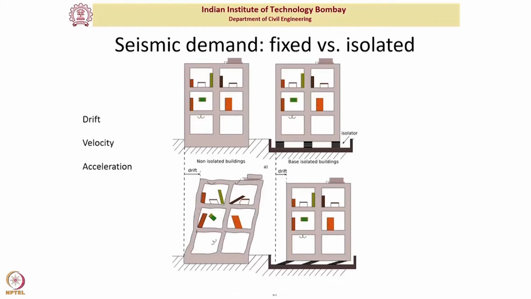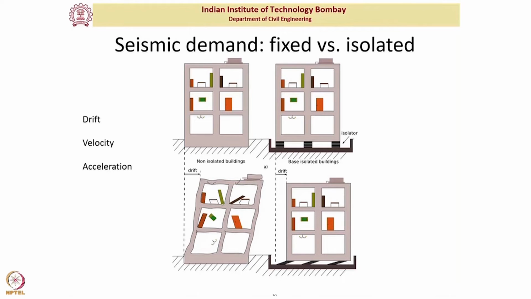Okay, so let us look at seismic demand on a regular structure and a base isolated structure. What I am showing you here is a traditional conventional fixed base building. Now what you have seen till now, we can achieve seismic isolation if you provide a horizontally flexible layer.